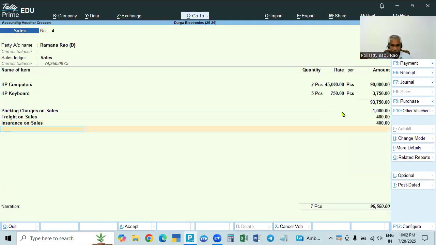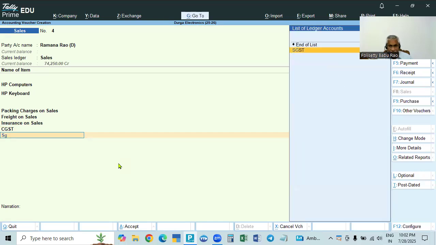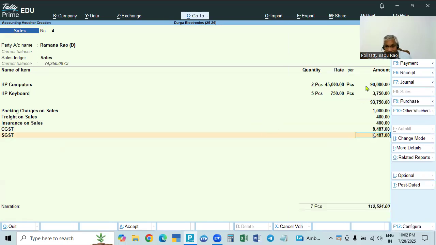Now see here, in this case we have to calculate the tax, CGST and SGST. These items will be calculated at their respective rates. These expenses will not be added; they will be calculated separately.